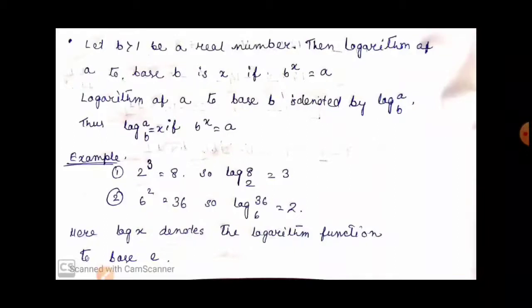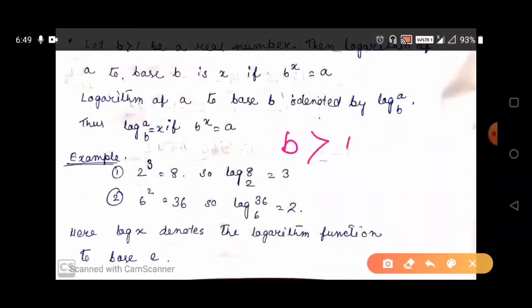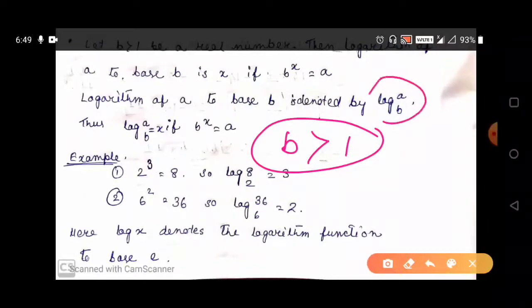So let b greater than 1 be a real number, then logarithm of a to base b is x if b to the power x is equal to a. Now here b should be greater than 1. We have to remember that b is greater than 1, then only log a base b is equal to x if and only if b to the power x is equal to a.